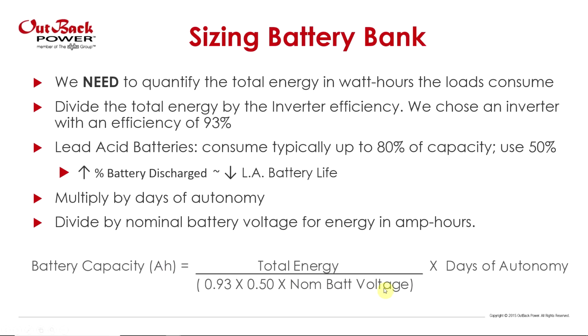So in order to get current, you divide your watts by voltage. That's what we're doing here. Our total energy is in watt hours. We're dividing it by our nominal battery voltage to get amp hours, and that's how we get our amp hour rating.